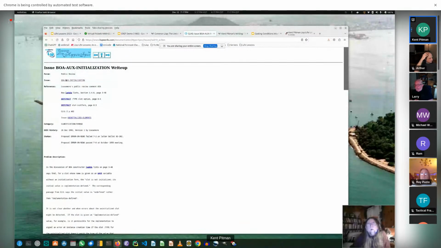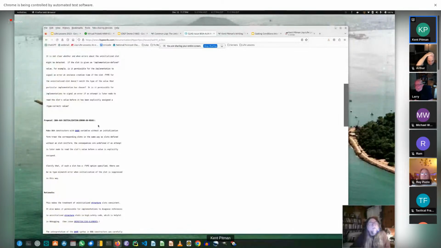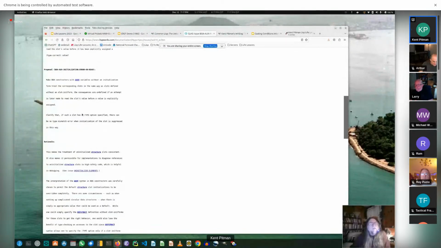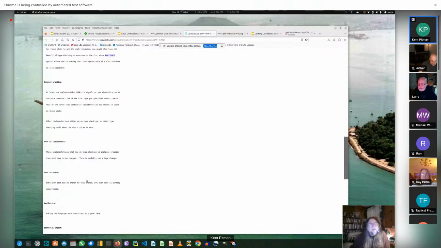The whole administrative thing here has a problem description. I just picked one of these at random. This is what's proposed. There's a rationale. There's discussion of current practice, cost to implementer, cost to users, a whole thing like this. The exact form we used tended to vary, so some of these have cost of non-adoption and other kinds of weird fields like that.